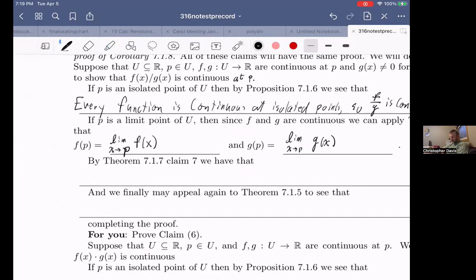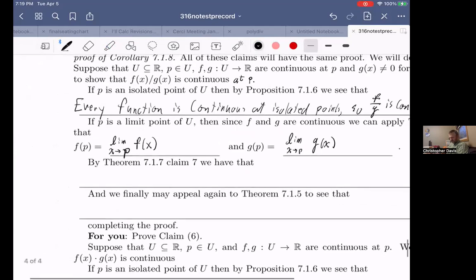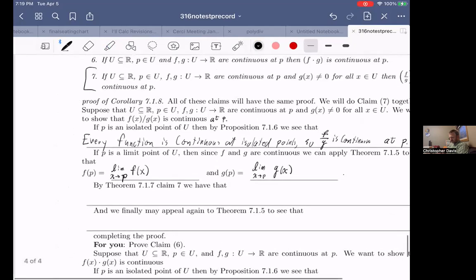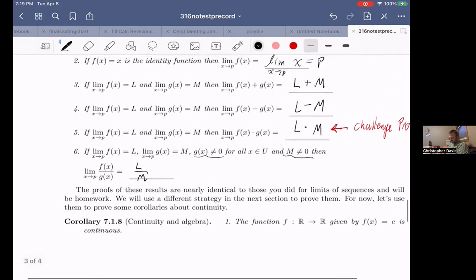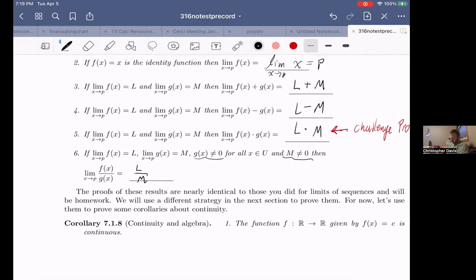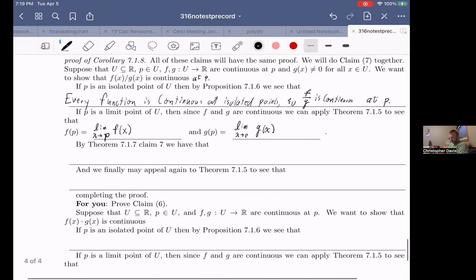Now I'm going to appeal to theorem 7.1.7, claim 6. Oh, one of the items must have been deleted. That's weird. It says that if f of x converges to L and g of x converges to M, and you never divide by 0, then f of x over g of x converges to L over M.